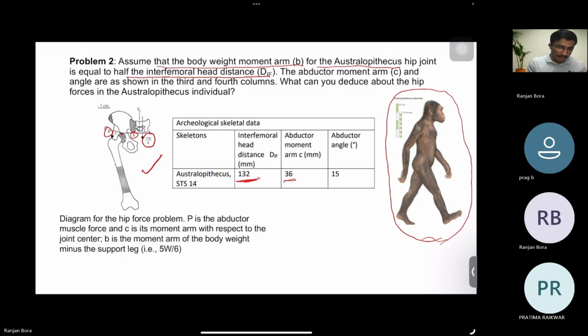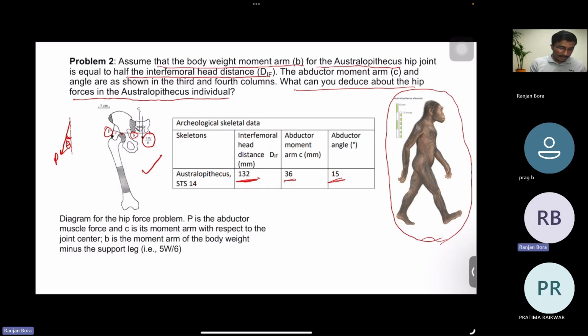And abductor angle is given 15 degree. What is this angle? Here this is the force P. Abductor angle means the angle made by the abductor force line of action with the vertical y-axis. This angle is given 15 degree. Now we need to find the hip joint reaction forces in the Australopithecus individual.